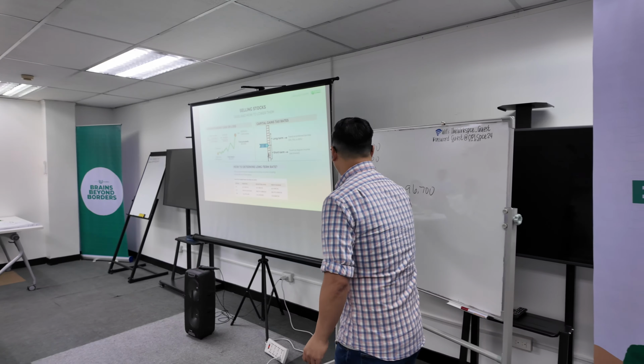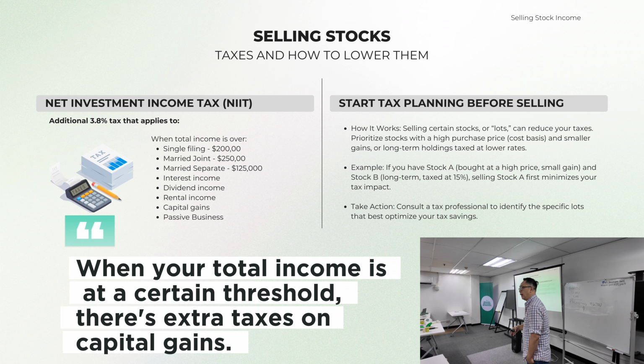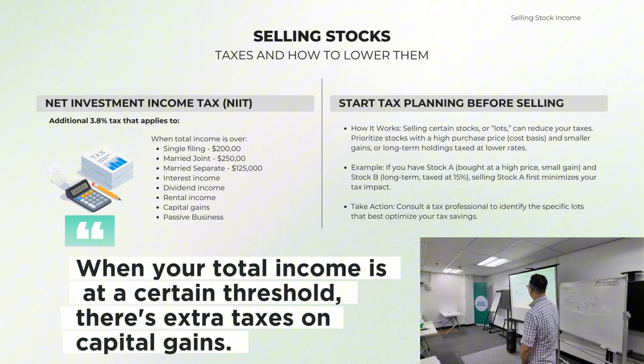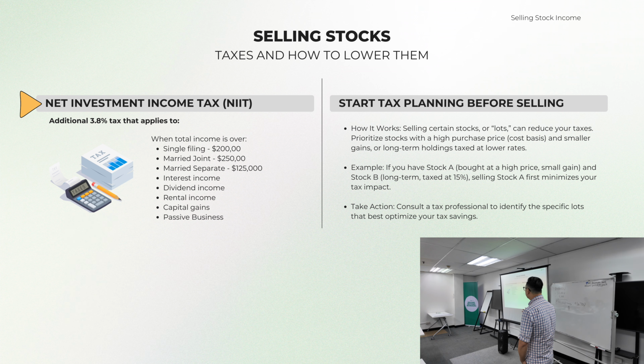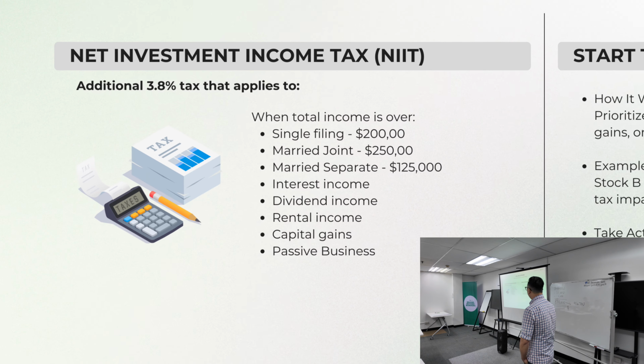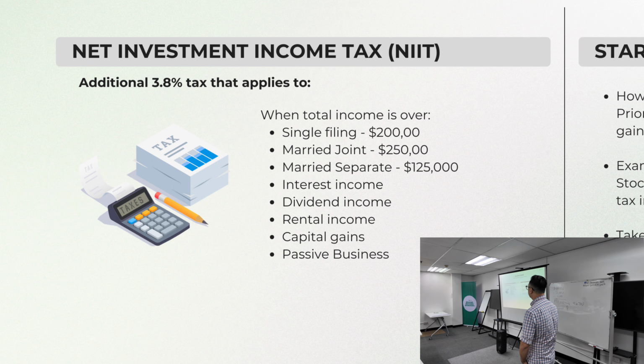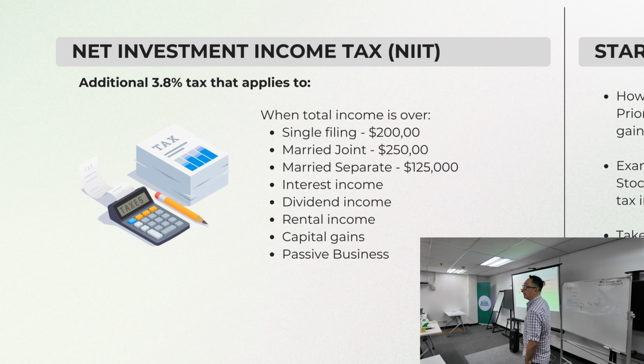Another thing that a lot of accountants forget to tell clients is that when your total income is at a certain threshold, there are extra taxes you're going to have to pay on capital gains and other things. The extra tax is called the net investment income tax. In Taylor's case, he's married, so it's going to be $250,000. Fortunately, he doesn't have to face this because he doesn't make over $250,000.